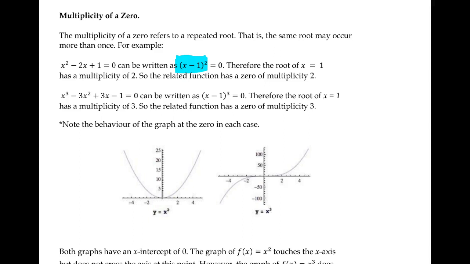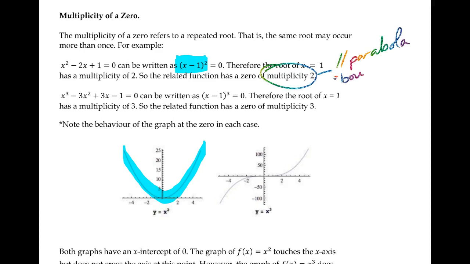So that idea that it comes to the graph and just kind of bounces off and doesn't actually pass through my x-axis. And so that's the key idea. We would say multiplicity of 2 would be like a parabola. And so it bounces off the x-axis.